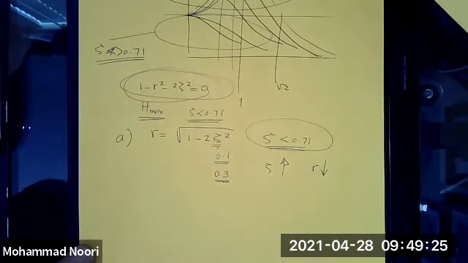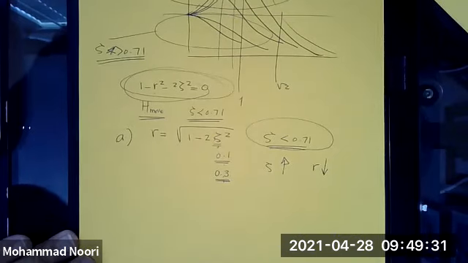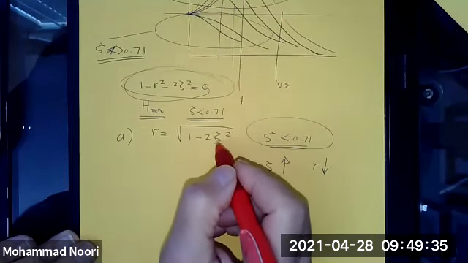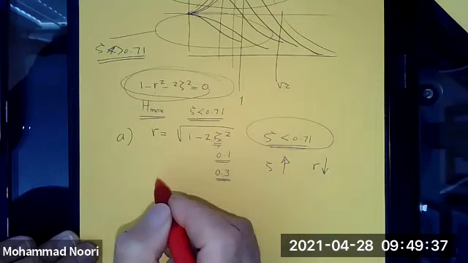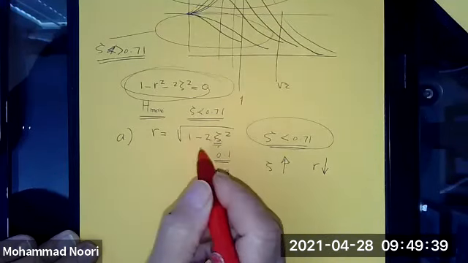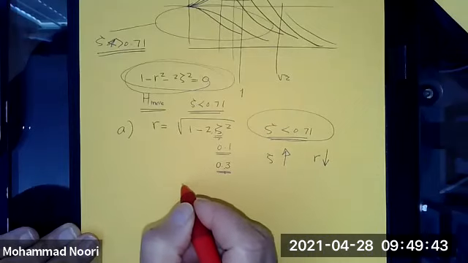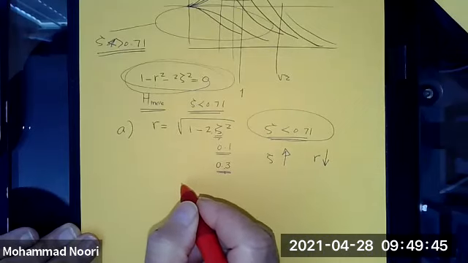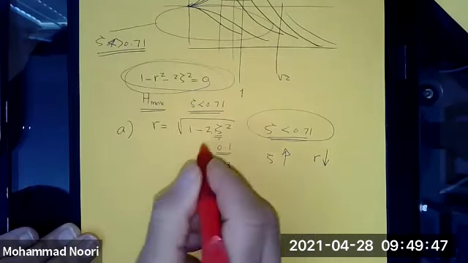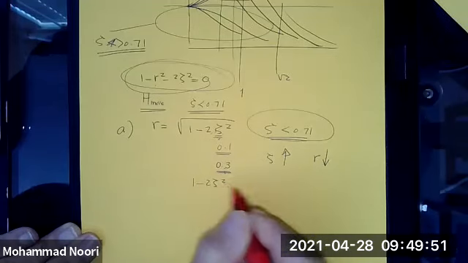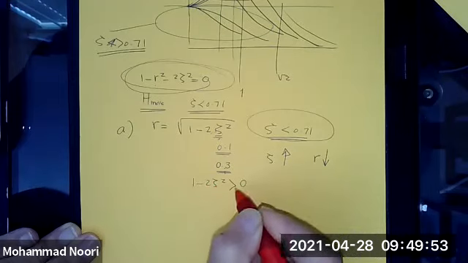Also, another interesting observation is this. Given that R is, of course, positive, 1 minus 2 zeta squared is greater than 0.